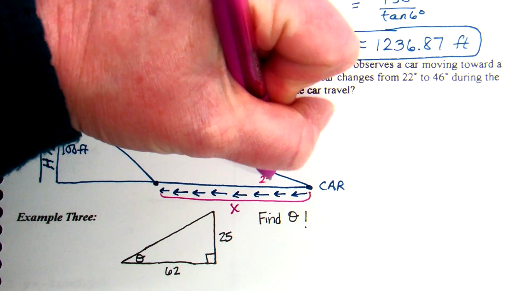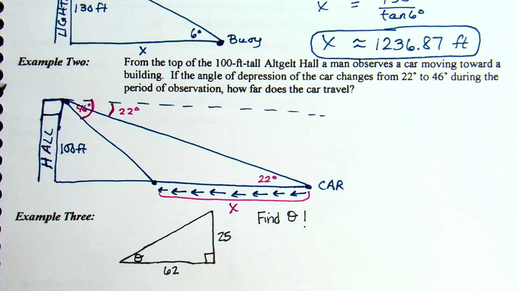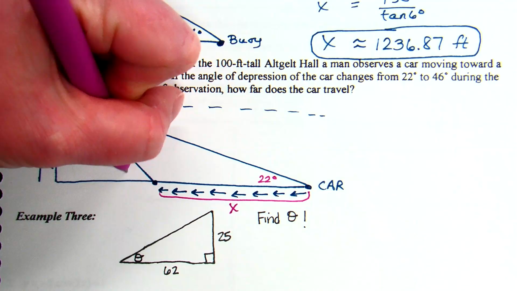The angle down by the car, where the car starts, is 22. Then the car moves closer towards the building, and the angle of depression is 46, going down to the hypotenuse of the small triangle. If that's 46 degrees up here, then we've got 46 degrees down here.